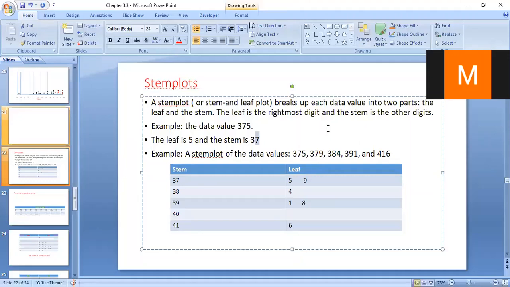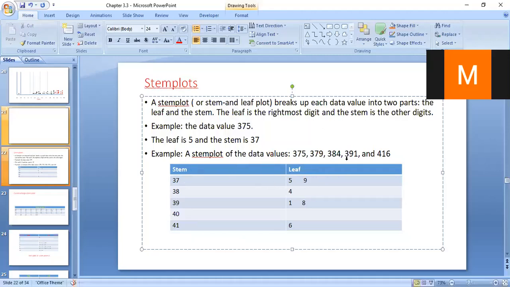Yes, you have the number 0, 7. The 7 is the leaf and the 10 is the stem. Okay. Only the right number is the leaf and the other is the stem. That is what you put on the stem block.